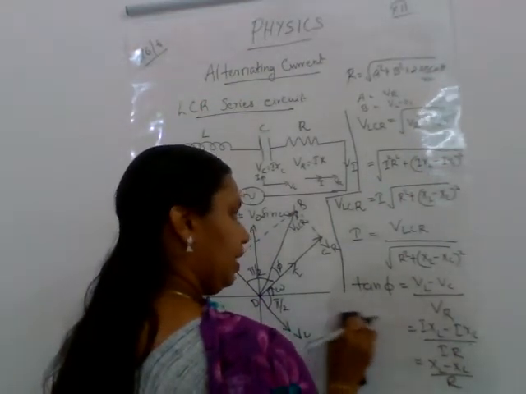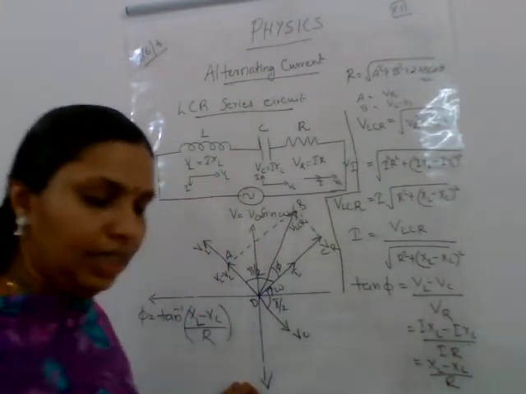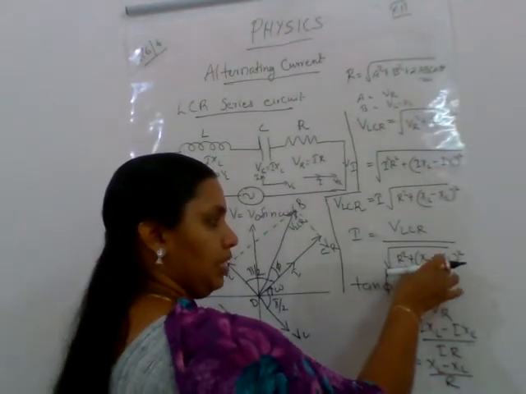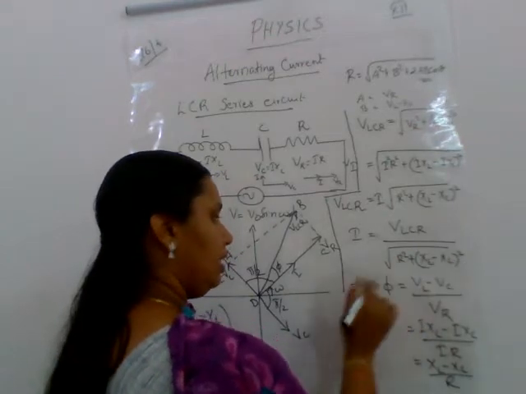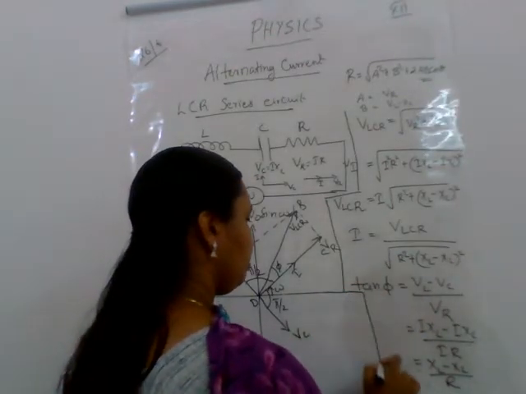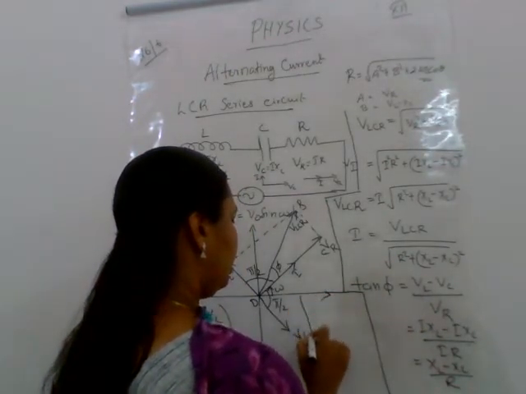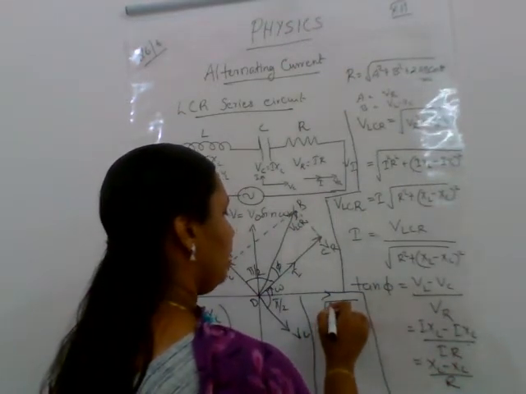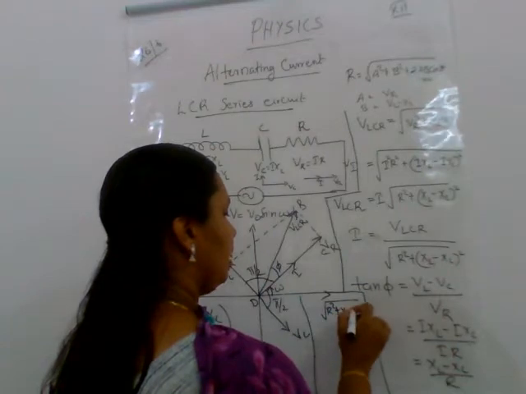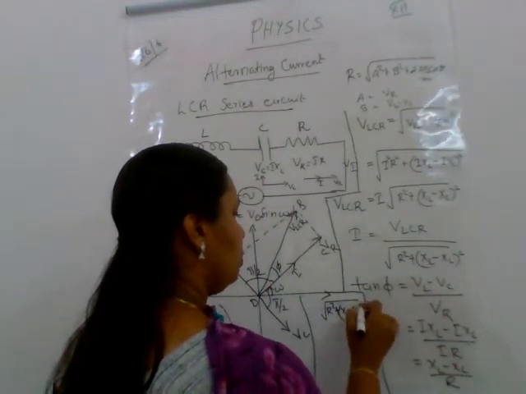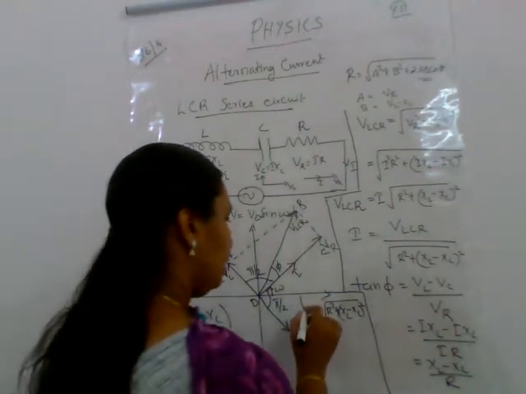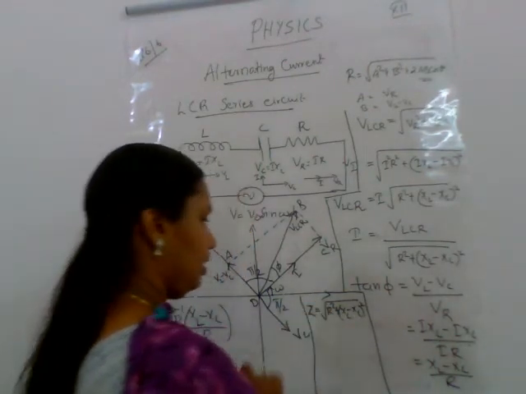So I is there, V is there, current is there, potential difference is there, and here in the place of the resistance, we are having root of R square plus XL minus XC the whole square. Okay, that we are writing it as Z.